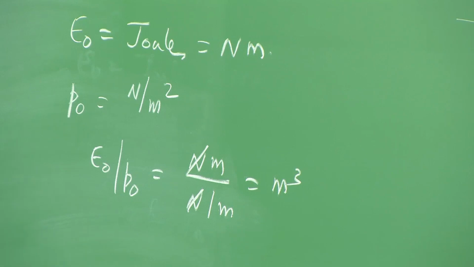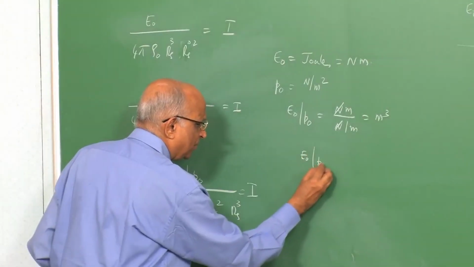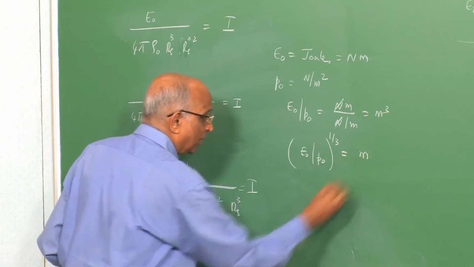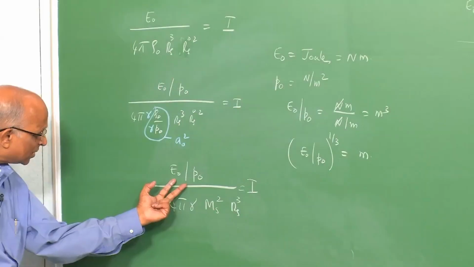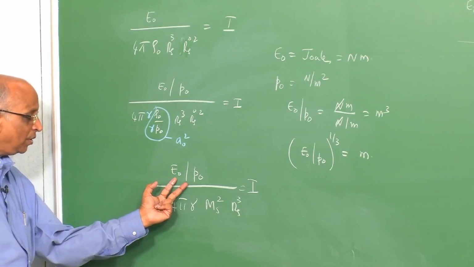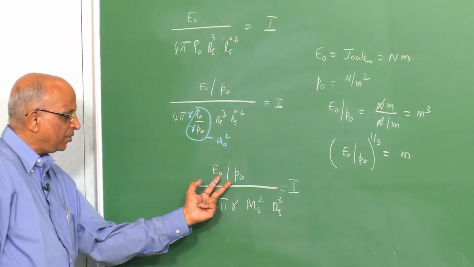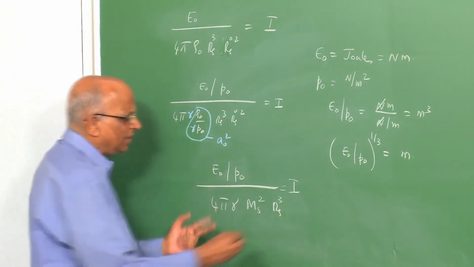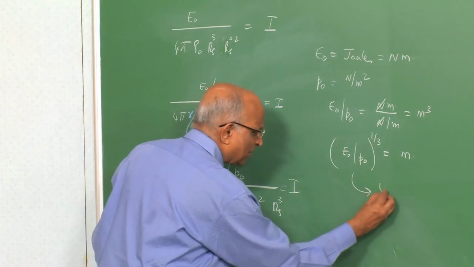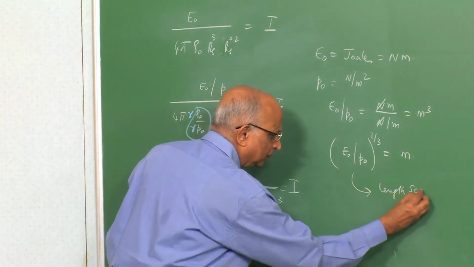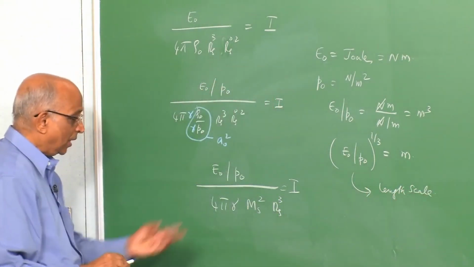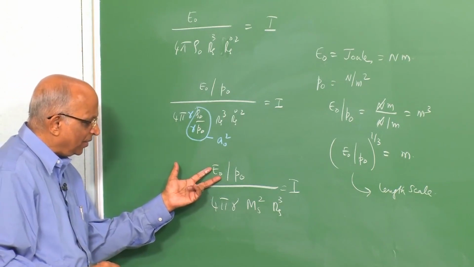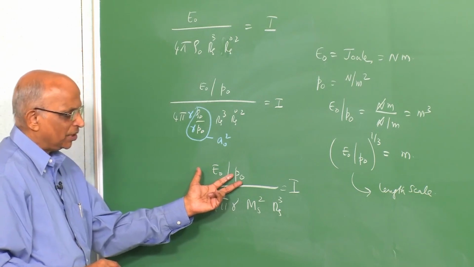Or rather, if I look at the value of E0 by P0 to the power 1/3, I get the unit as meter. Therefore, E0 by P0 is meter cube, or E0 by P0 to the power 1 by 3 is a meter, and therefore, I can talk in terms of E0 by P0 to the power 1/3 as a length scale, that is a length scale associated when an energy is impulsively released in a medium whose pressure is P0.